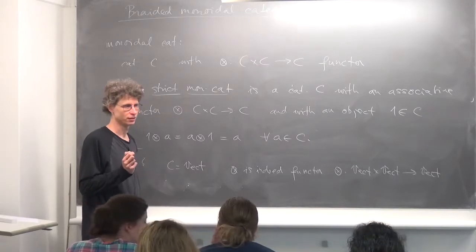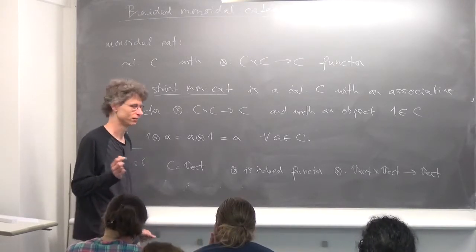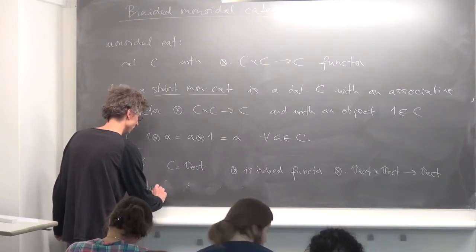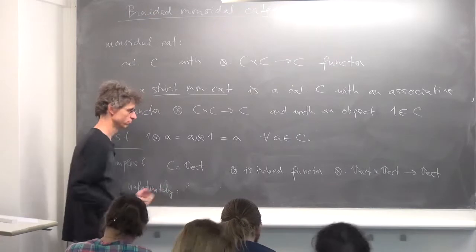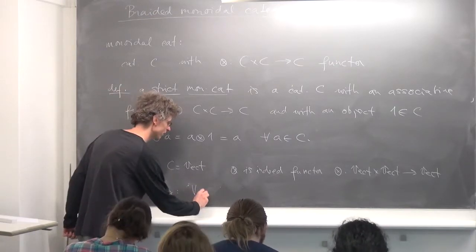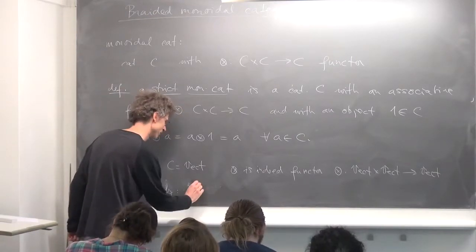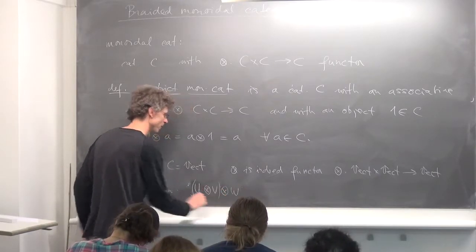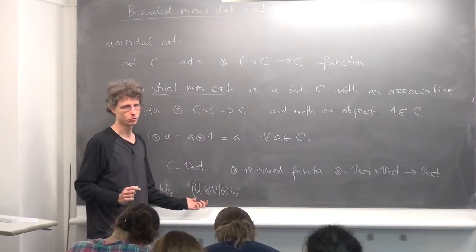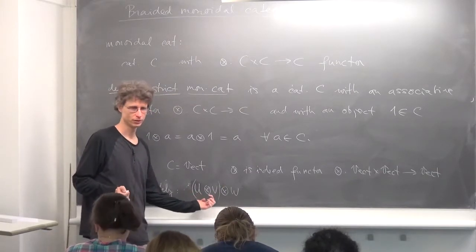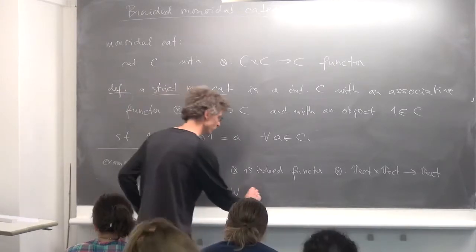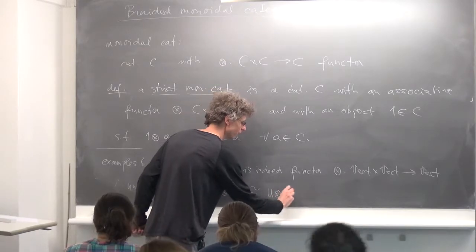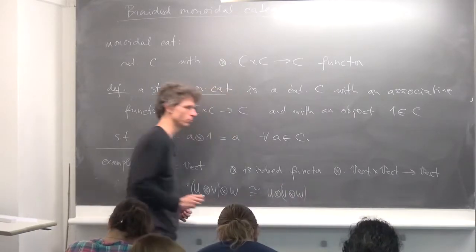Unfortunately, it's not strictly speaking associative. If you write U tensor V tensor W, and go into the definition of what this means, then sure, it's canonically isomorphic to U tensor V tensor W with the other bracketing, but it's not really equal.